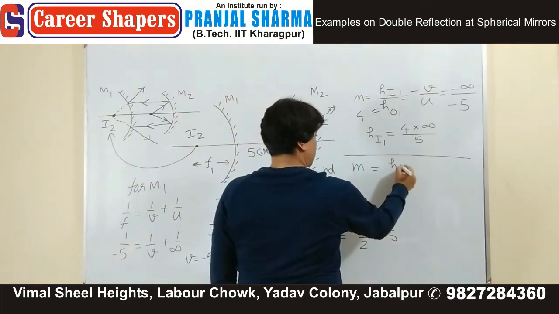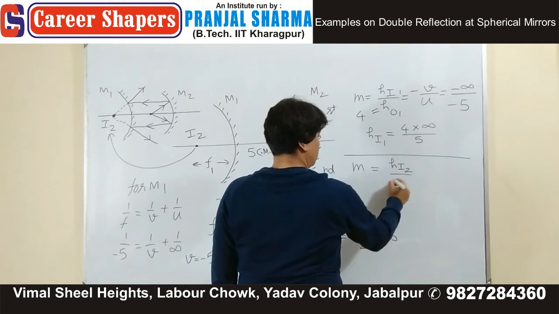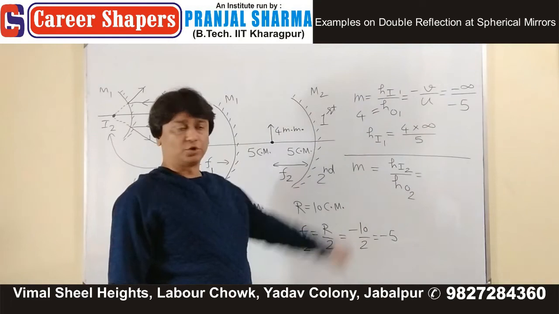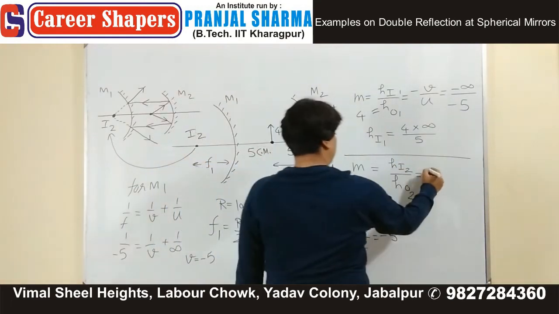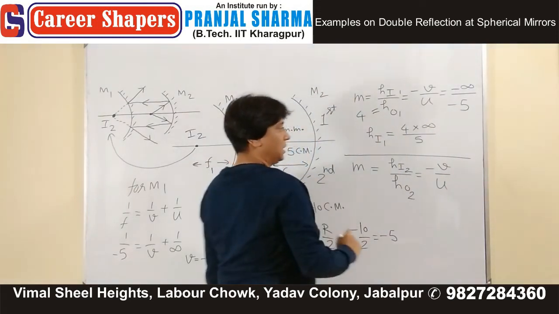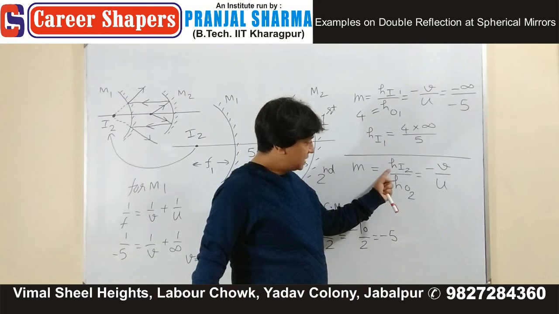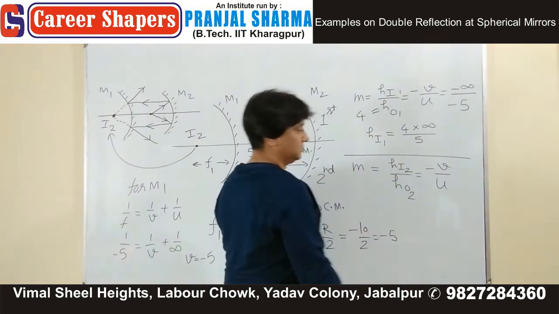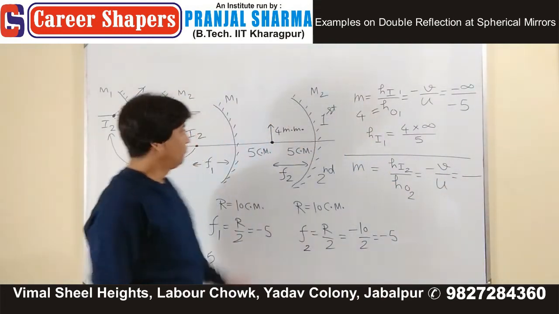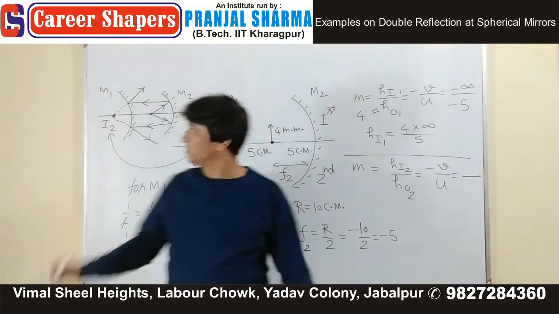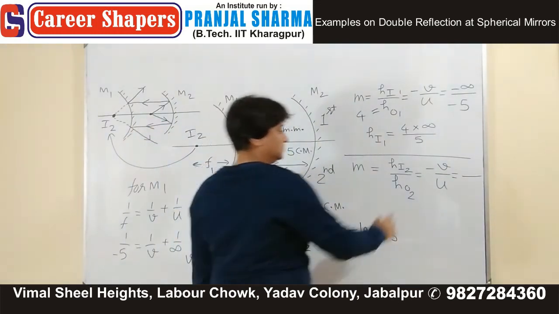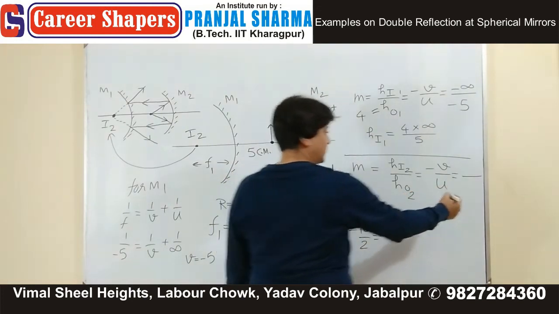Second reflection, Hi2 upon Ho2, Hi upon Ho is minus of V upon U. We are interested in Hi2. What is U? For the second mirror, rays are coming from infinity. This U is infinite.